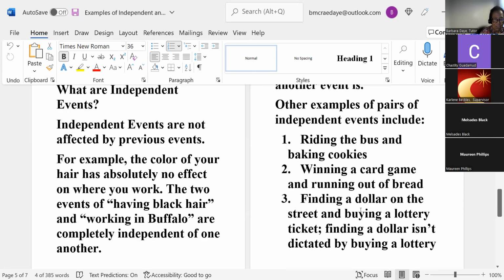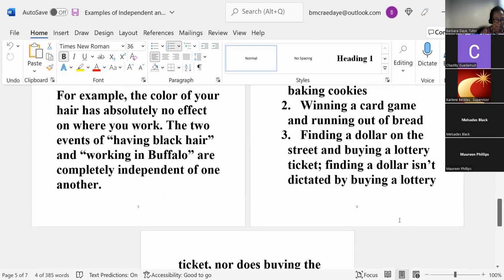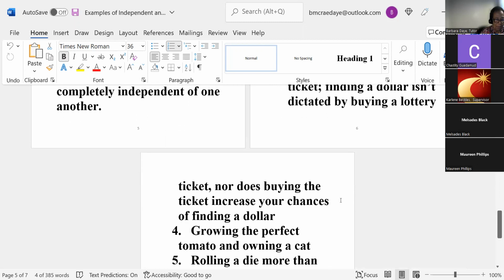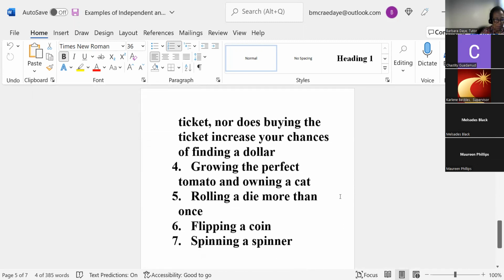Finding $1 on the street and buying a lottery ticket. Independent. Because you found $1 doesn't mean you're going to buy a lottery ticket. Growing the perfect tomato and owning a cat.